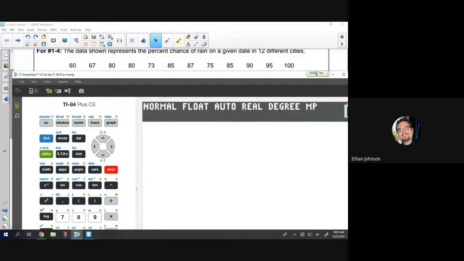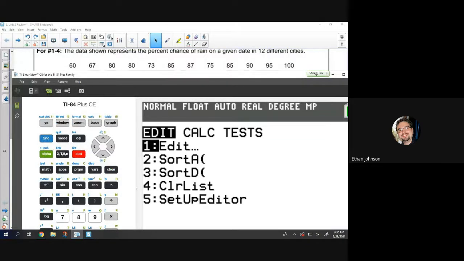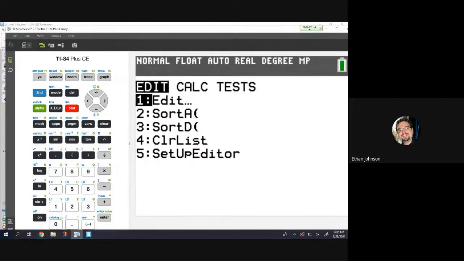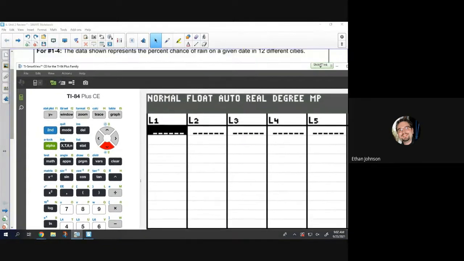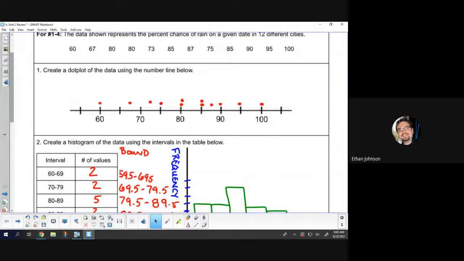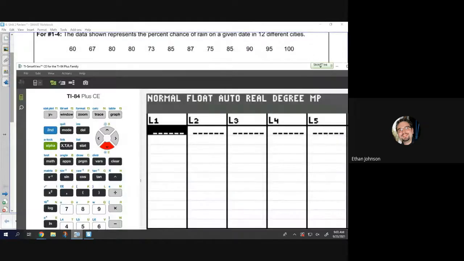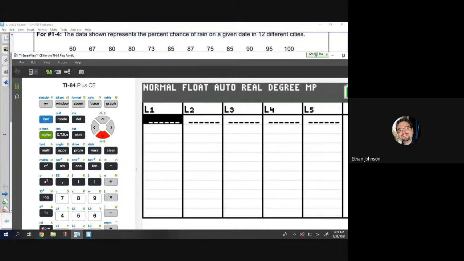So remember, we hit stat on our calculator, and we want to hit enter for the first one. If we have numbers in, we move up, hit clear, then we move down. Then we start entering our numbers, making sure to hit enter after each one.